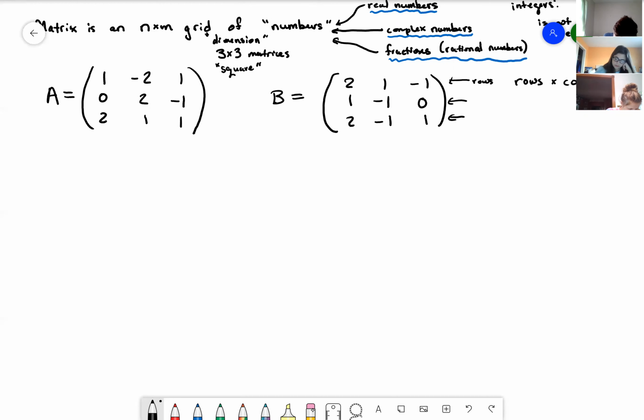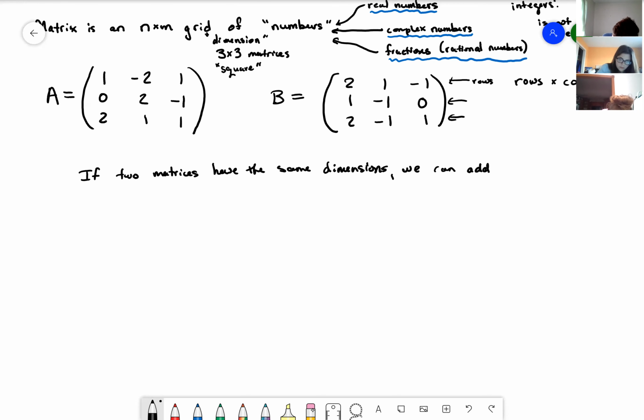So one of the things is just add them together. If 2 matrices have the same dimensions, we can add them together.